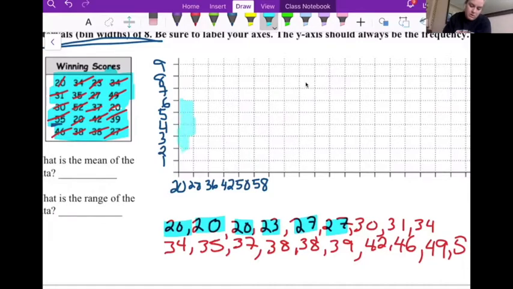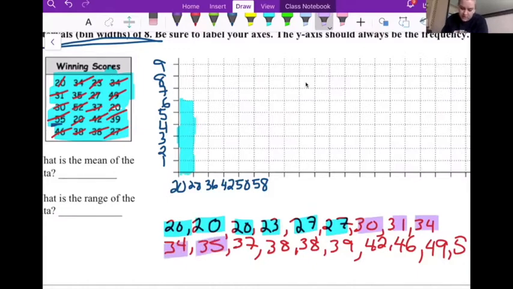And so then I shade in this whole bin up to 6. Then from 28 to 36, I have 1, 2, 3, 4, 5.